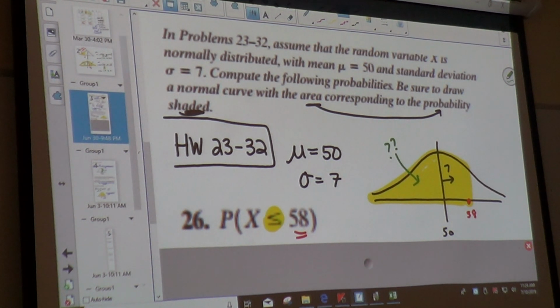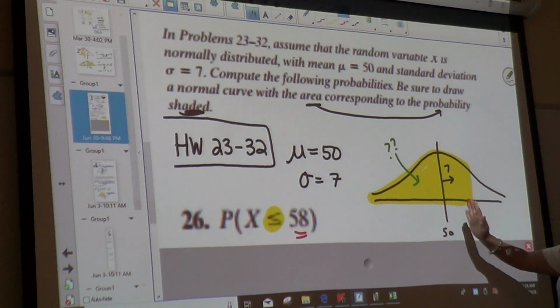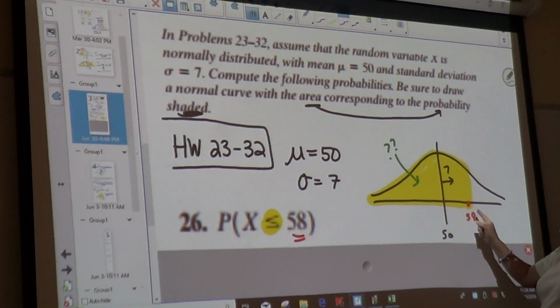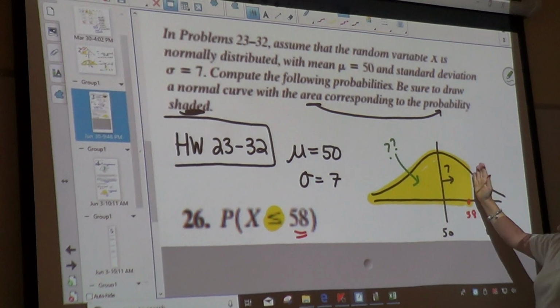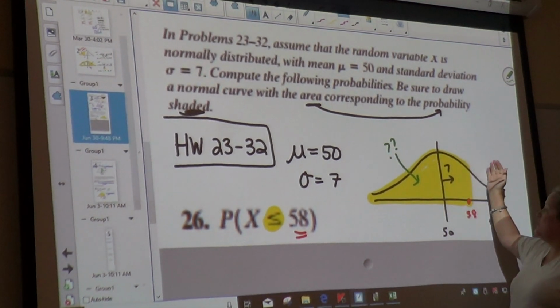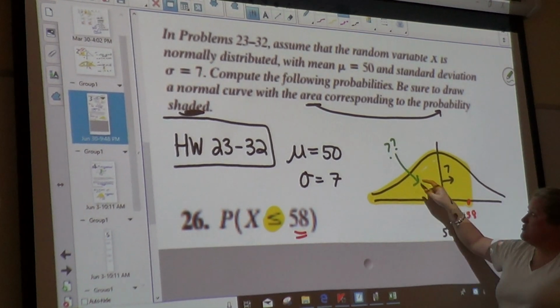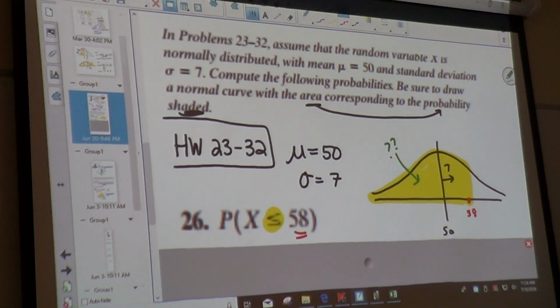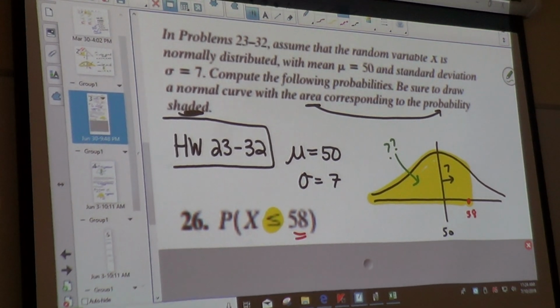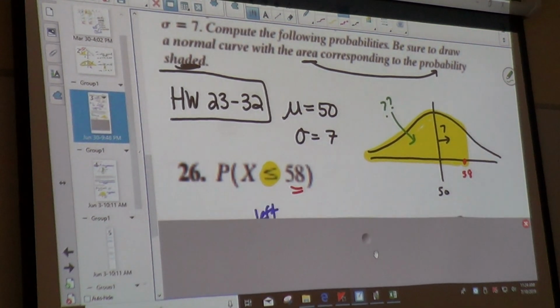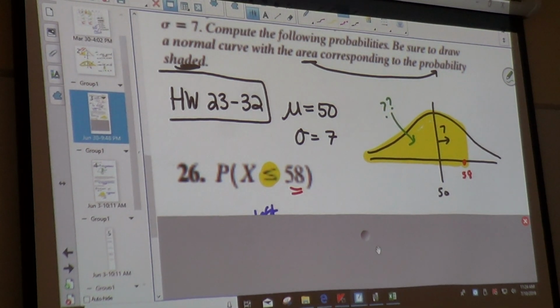So we have a normal distribution with a mean of 50, a standard deviation of 7, my data point is 58, and I am shading less than or equal to 58. So we're trying to find the shade. Because we're trying to find the shade, that means we're going to do a normal.